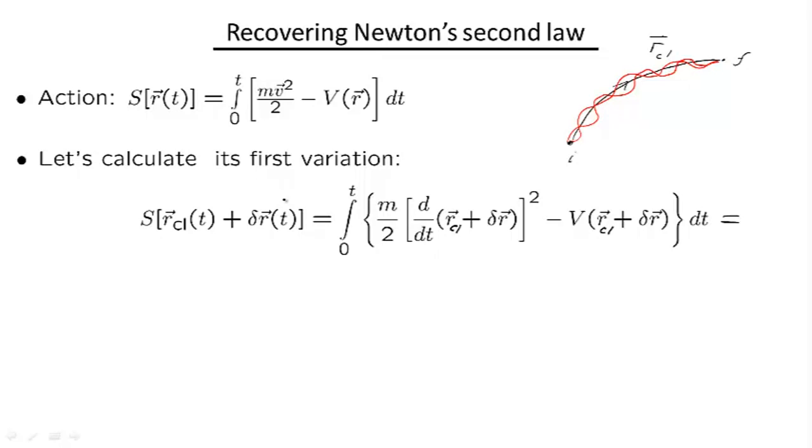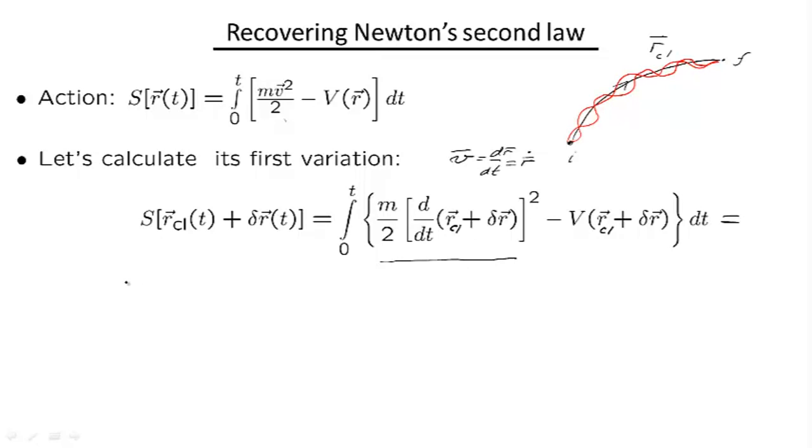If we now plug this expression into the expression for the action, we're going to have the kinetic energy term. Of course the velocity is just dr over dt, or for brevity we can write it as r dot. We're going to have two terms as an argument of the potential energy. And since dr is very small, we're going to keep track only of the linear terms here.